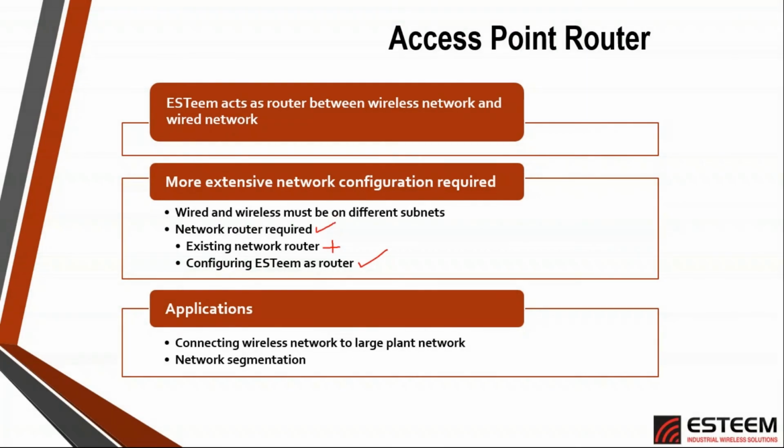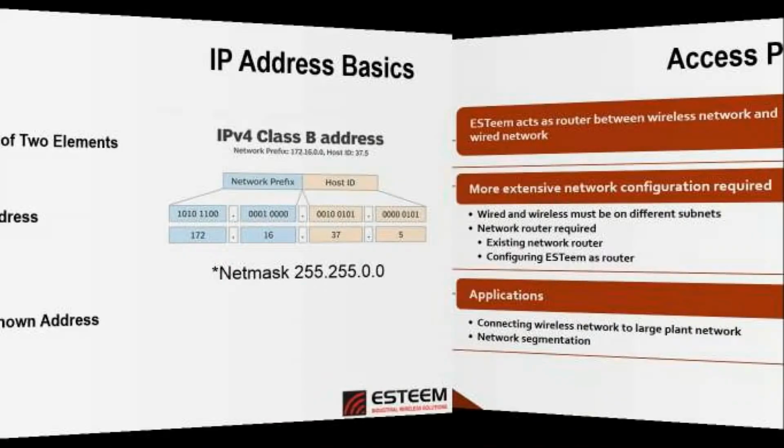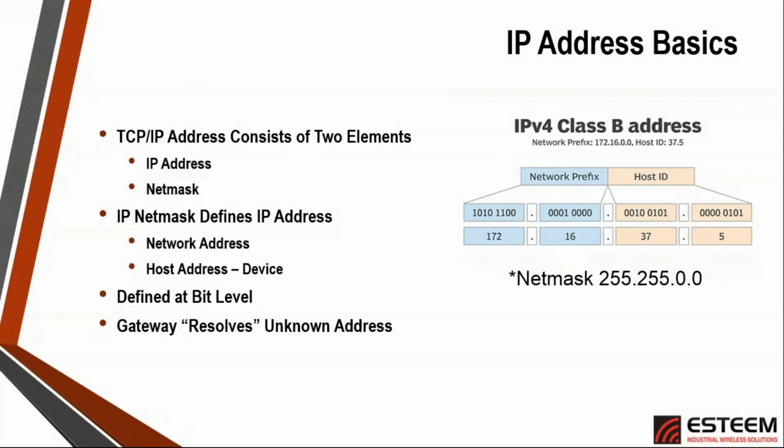Let's take a look real quick at IP addressing, because I want to make sure that everybody's got a good basic understanding of how the communication goes through. The first thing we need to understand is TCP/IP. The address that you generally will see listed here, like a 172.16.0.0, by itself really doesn't mean anything.